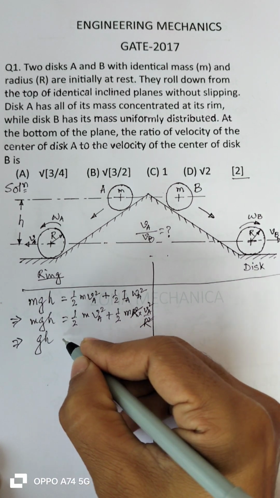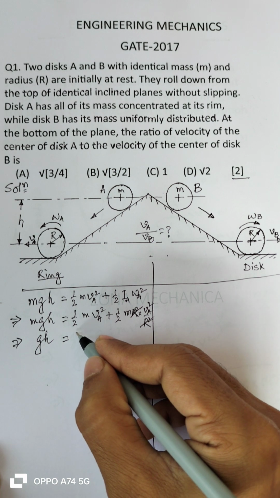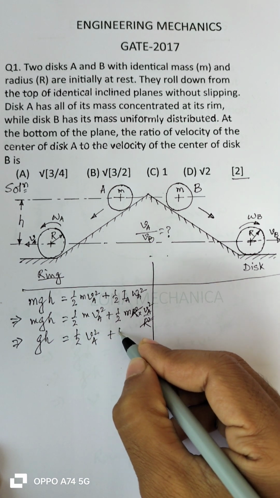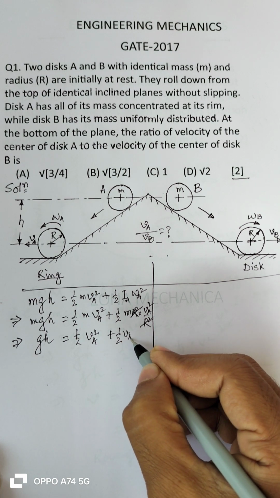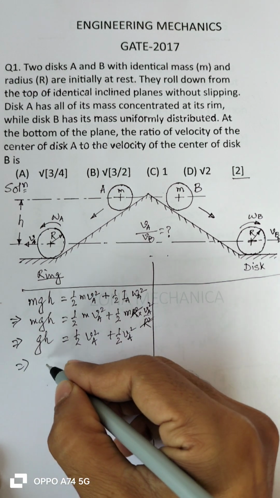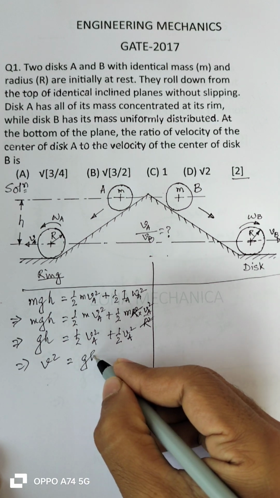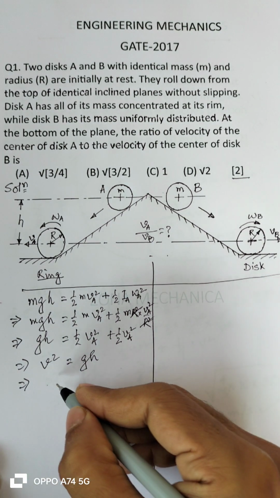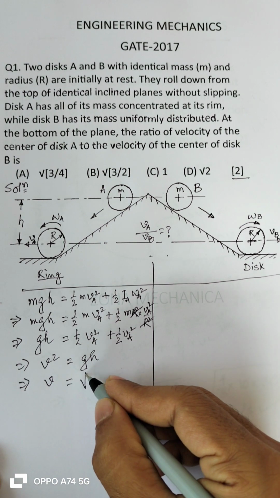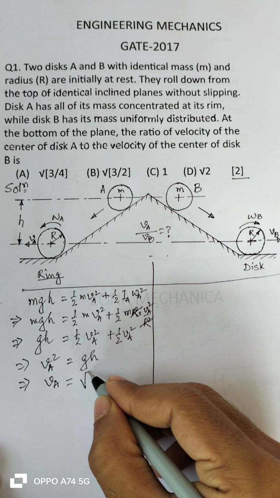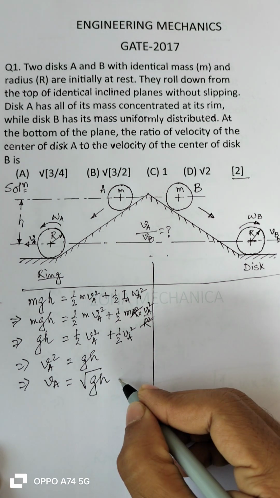So we are having gh is equal to half into VA square plus half into VA square. So that is V square is equal to gh. So VA is equal to root over of gh.